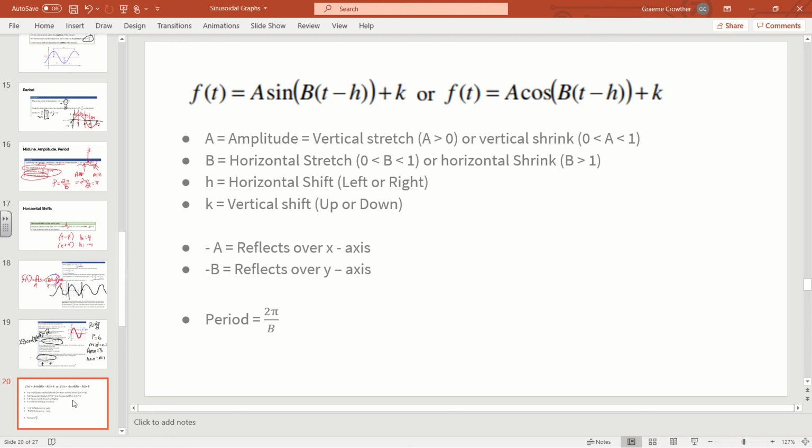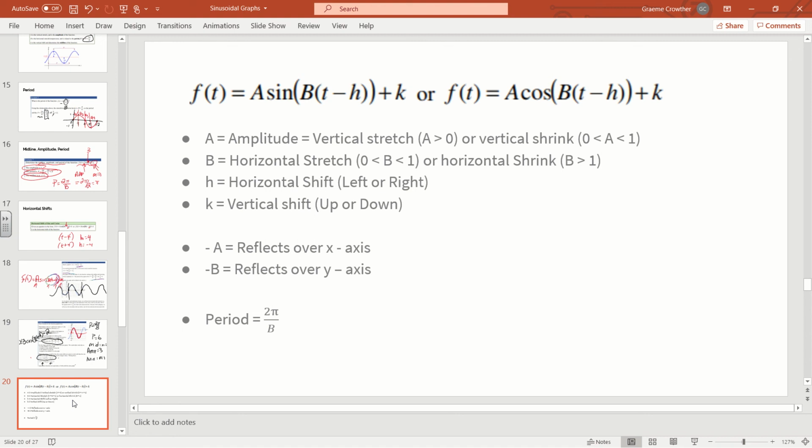A is referred to as the amplitude, and that's our vertical stretch or shrink. B is our horizontal stretch or shrink. H is our horizontal shift left or right. And K is our vertical shift up or down. If A is negative, it means it's been reflected over the x-axis. If B is negative, it's been reflected over the y-axis.